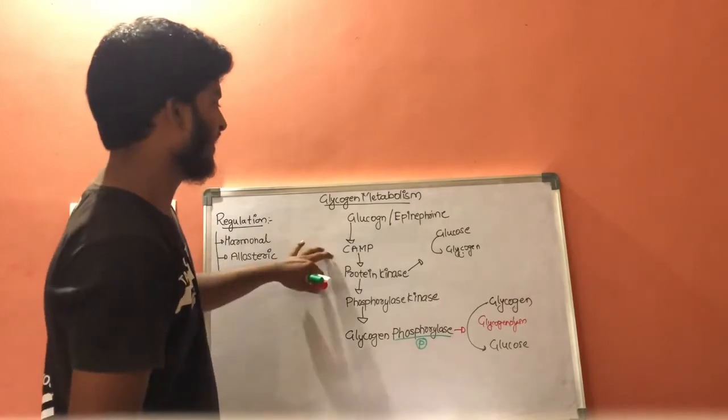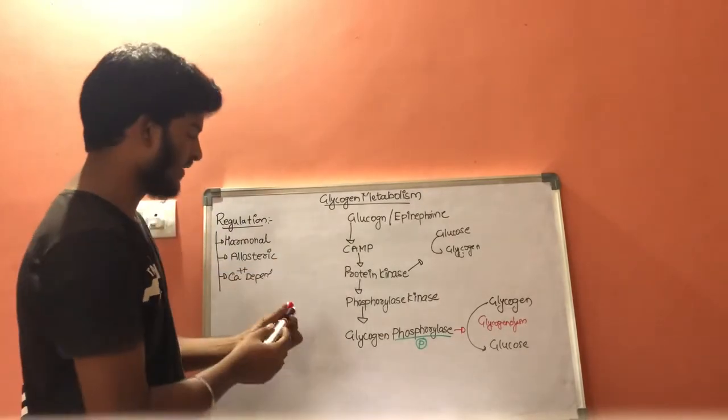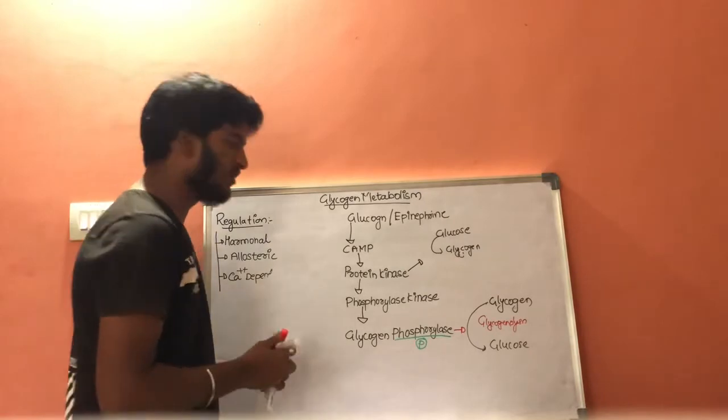And regarding cyclic AMP, there is a hormone like insulin.